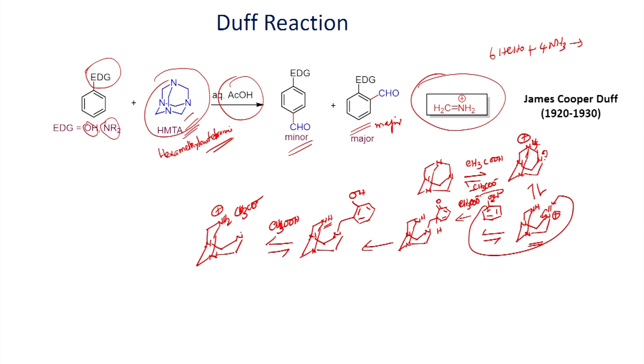Once you form this one, now this nitrogen lone pair can push, and it can open up, and you will be able to form NH2. Here you will be able to form an iminium ion.